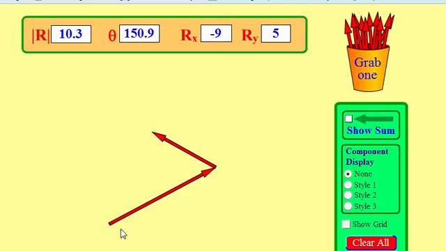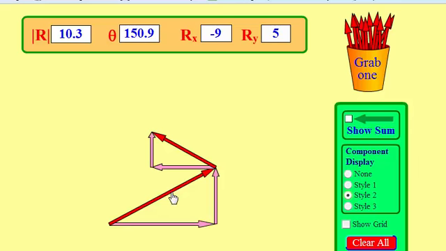Let's take a look at one more example. Supposing you have a vector like this, which is pointing in the positive x and the positive y direction, and you try to add it to a vector like this that's pointing in the positive y but the negative x direction. How would that work with the lesson we just learned? Well, the idea is the same.